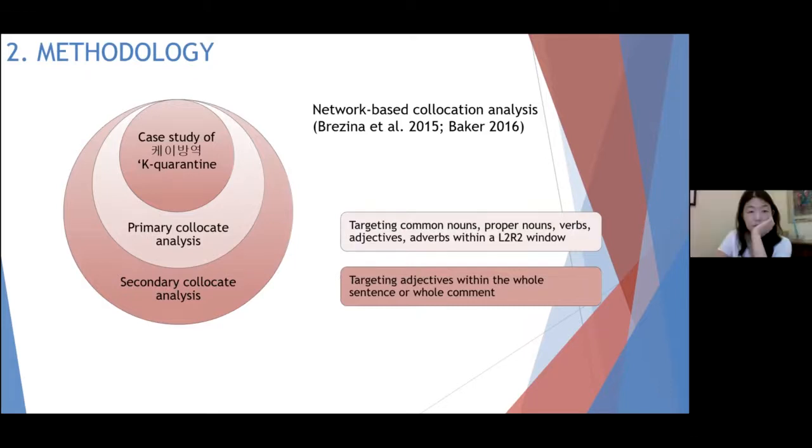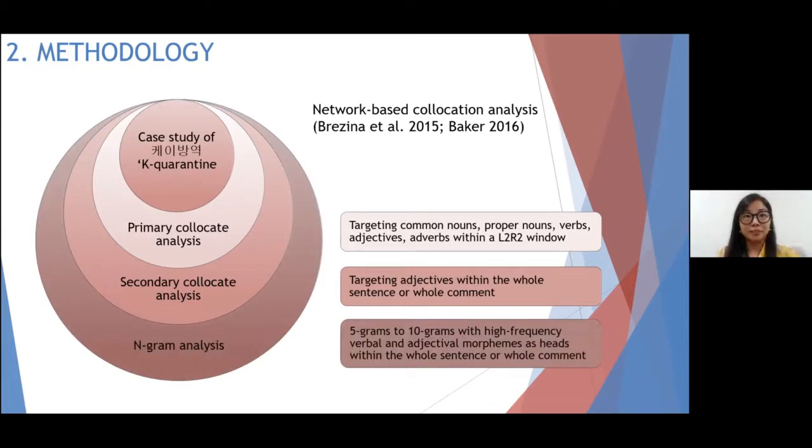And we focused on adjectives only because in Korean, adjectives function like verbs, and the verb is placed at the end of a sentence, so they are not easily captured in the primary collocate analysis. Then to get an even bigger picture, we conducted a morpheme-based n-gram analysis focusing on high-frequency verbs and adjectives as the heads of the n-grams.